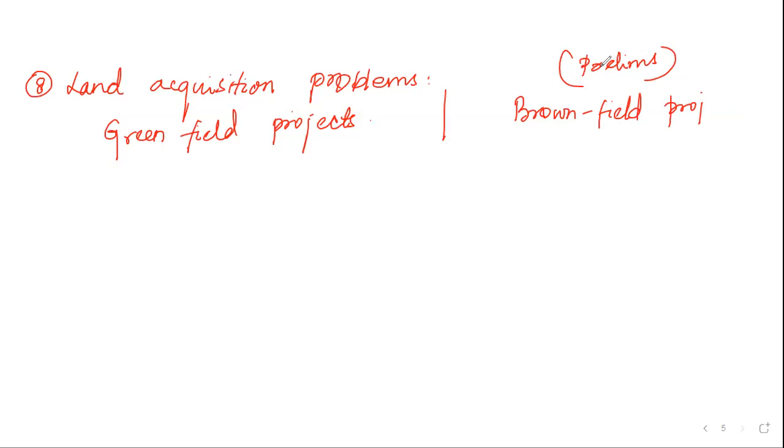Brownfield, when we say brownfield, is actually when I have a building, maybe I have an organization, and I just need to build on it, maybe expand it. That is a brownfield project. So in Pala I have a building, but maybe in Pala I have to start a new branch. If I'm going to expand this building that I have in CSIP, it will be just a brownfield project.